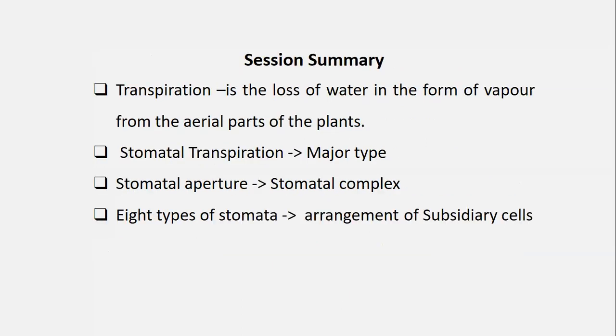So to conclude this session, transpiration is the loss of water in the form of vapor from the aerial parts of the plant. The major type of transpiration is the stomatal transpiration. Well, a typical stoma contains stomatal aperture and also stomatal complex. Stomatal aperture includes an aperture surrounded by a pair of guard cells, and these stomatal apertures are surrounded by few specialized subsidiary cells, collectively called stomatal complex.